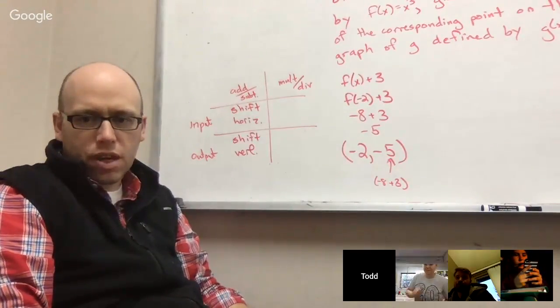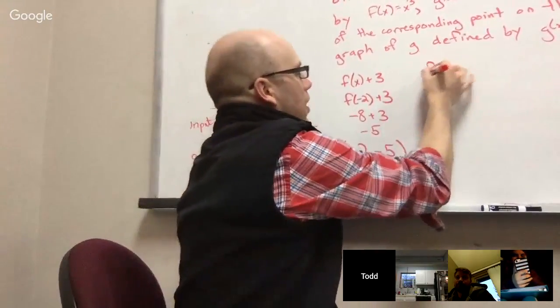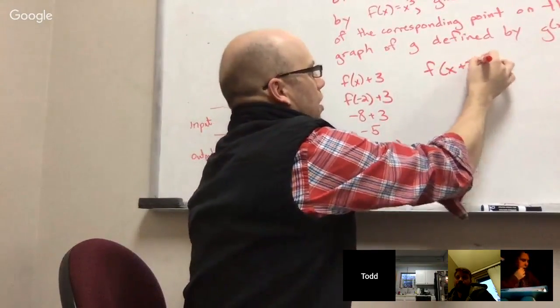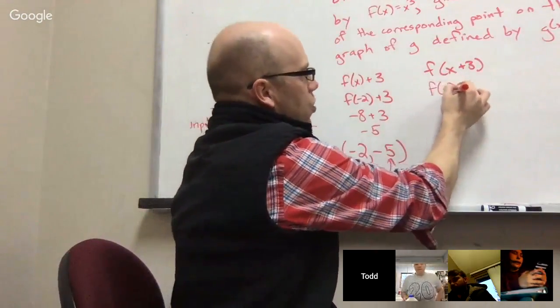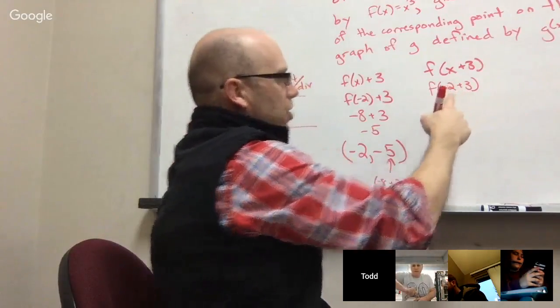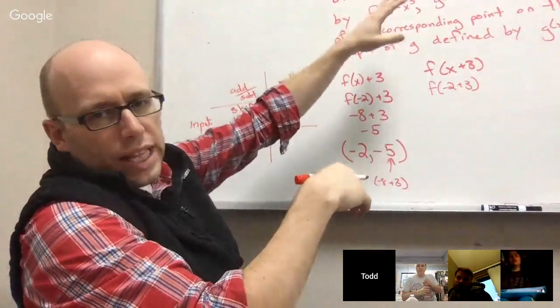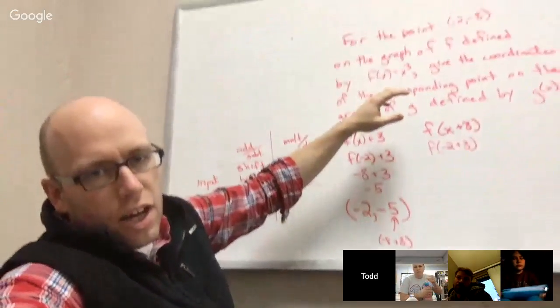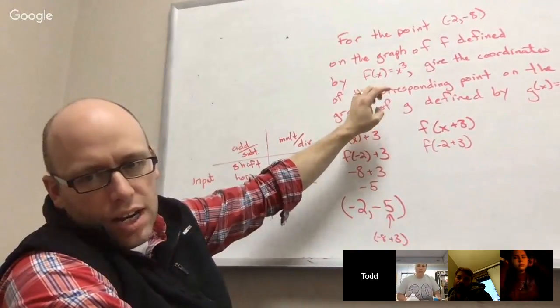Okay. If I do it to the input, if I do f of x plus 3 like so, well, now if I plug in -2, now I actually have f of 1, which isn't something that is even related to my original point up there, right?